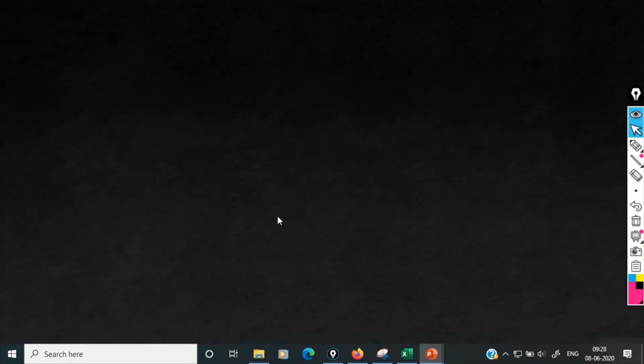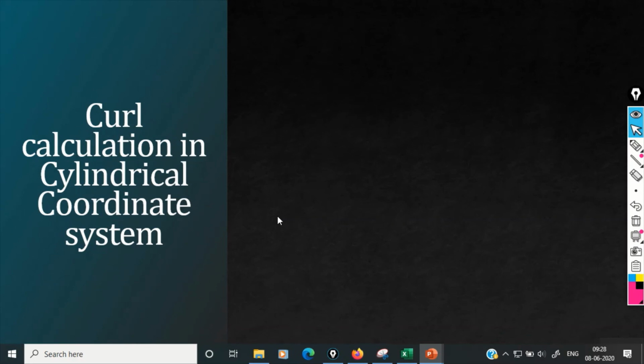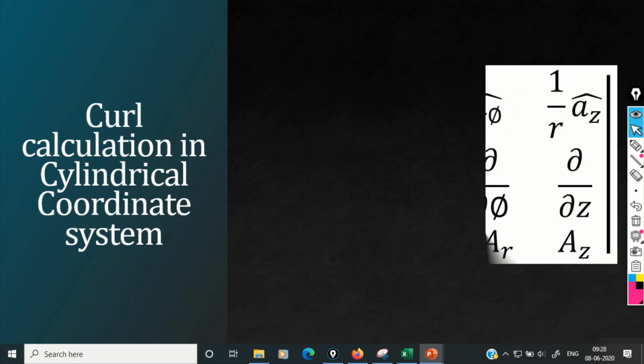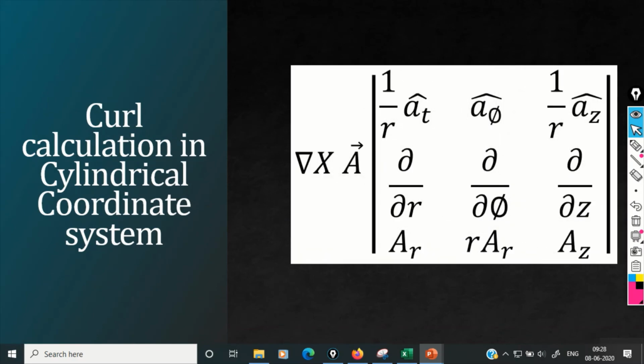Similarly, the curl operator in cylindrical coordinate system has the formula with 1 by r ar cap, a phi cap and 1 by r az cap.